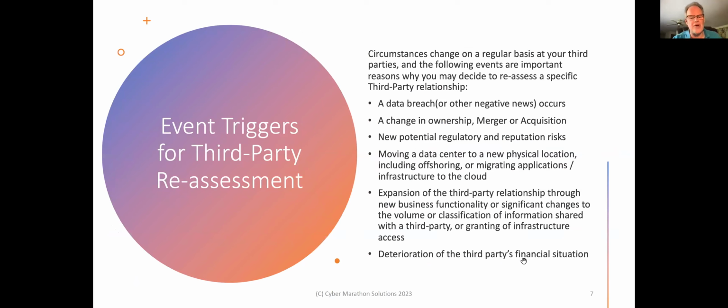Before I get to the answer, I just want to talk about event triggers. Once we have a third-party relationship established, there are certain events that may occur at that third party which may necessitate doing a reassessment of the level of controls that are in place at a third party. So there are several situations which jump out as necessitating a need for a reassessment. That may be a data breach, ransomware attack, whatever the case might be, which impacts your organization.